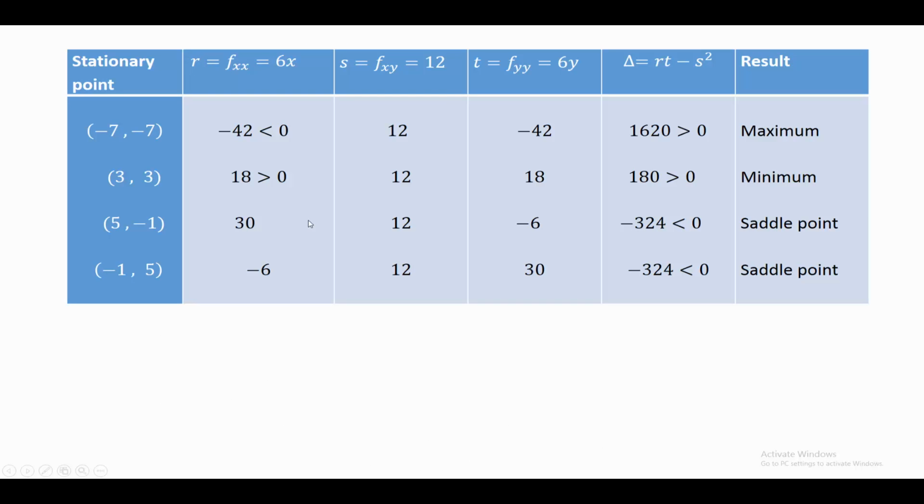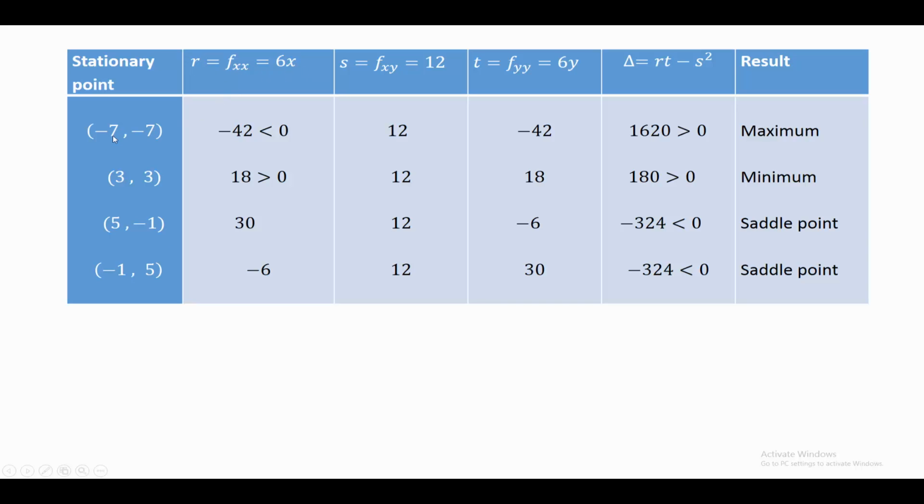Now at all these points find the value of r, s, t and delta. So for that first prepare a table whose first column is stationary point. First point minus 7, minus 7, then 3, 3, 5, minus 1 and minus 1, 5. Now r equal to f double x, and we know f double x is 6x.